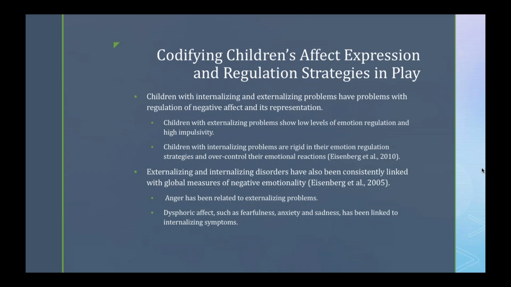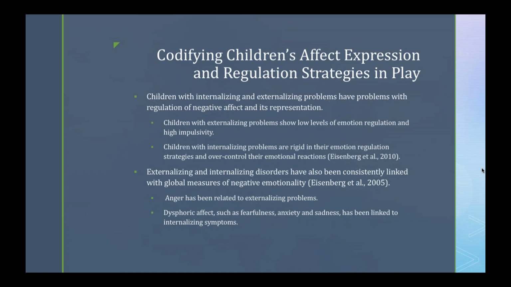Internalizing and externalizing children show different affect regulation strategies. Even though they both have problems, externalizing children show low levels of emotion regulation and high impulsivity. Children with internalizing problems are more rigid in their emotion regulation strategies and over-control their emotions.